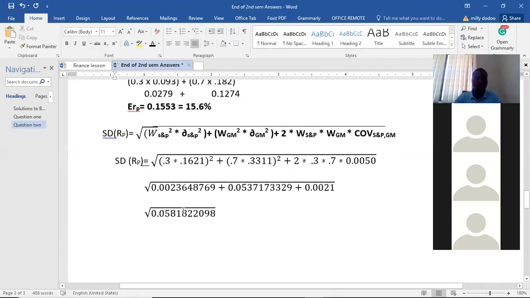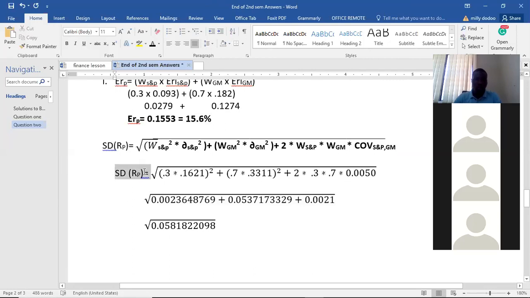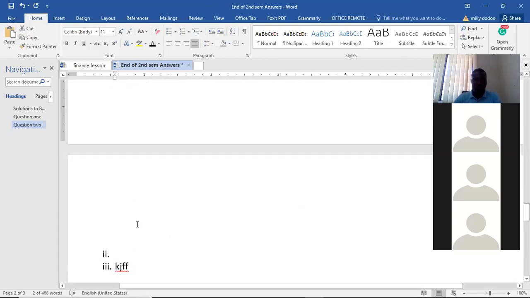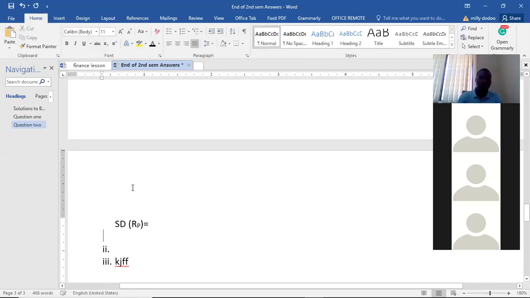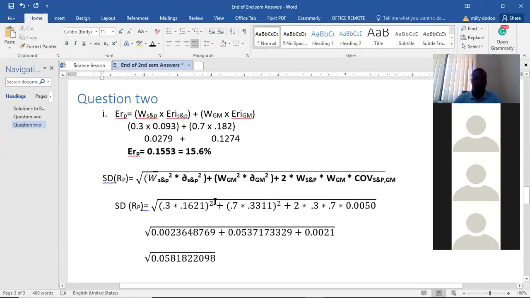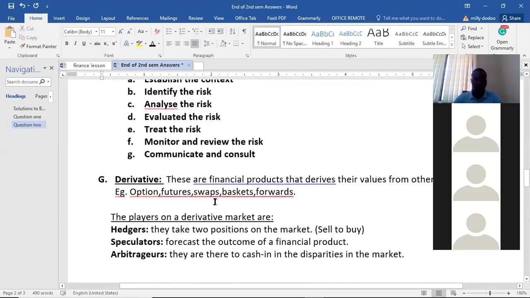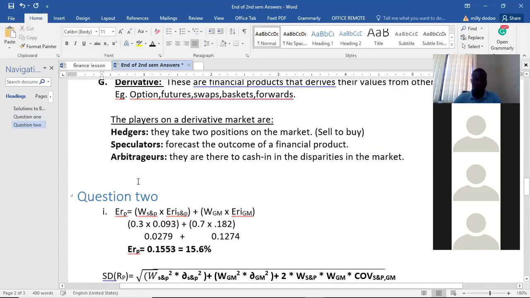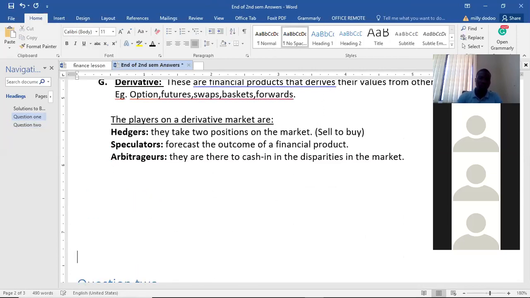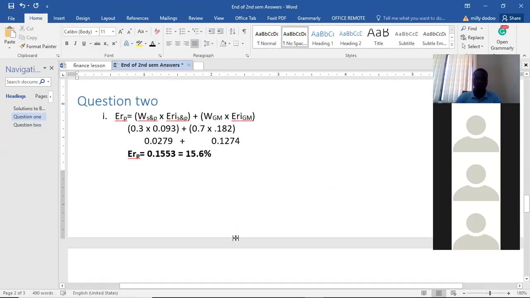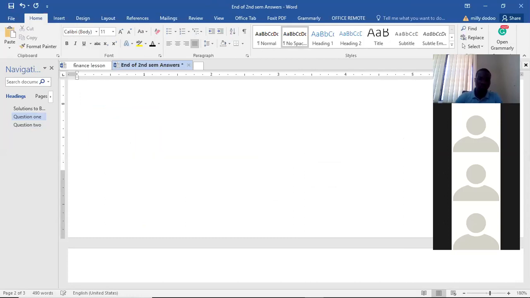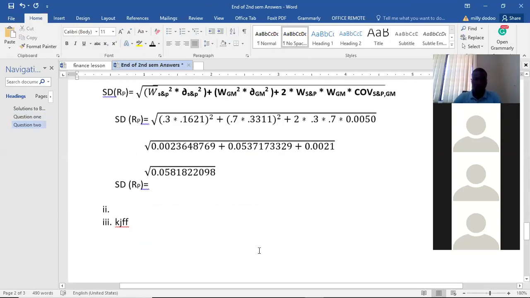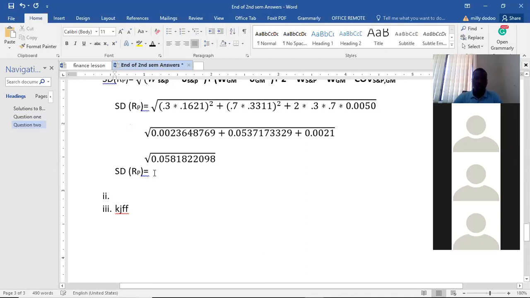So therefore, your portfolio standard deviation is going to be equal to what? Yeah, correct. Portfolio standard deviation you had is equal to how much?